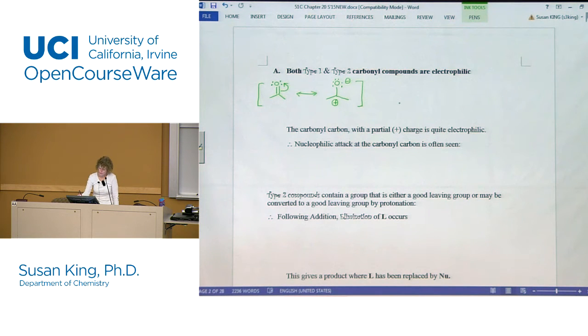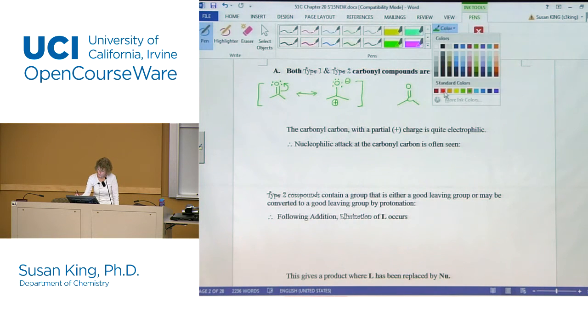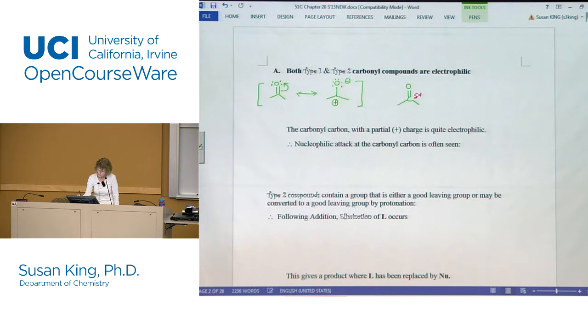And so if you look at the polarization of a carbonyl group, we have partial positive charge on the carbon, partial negative charge on the oxygen. And so what all of the type 1 and type 2 carbonyl compounds have in common is that the carbonyl carbon is electrophilic.